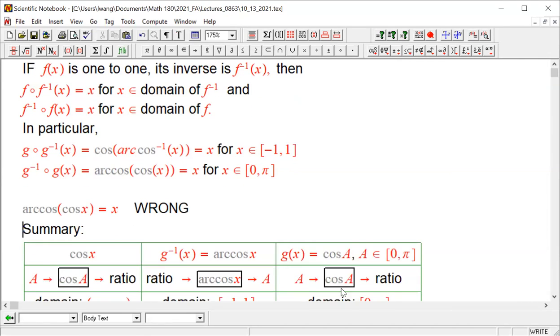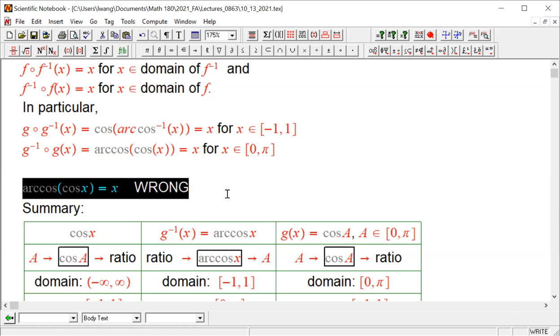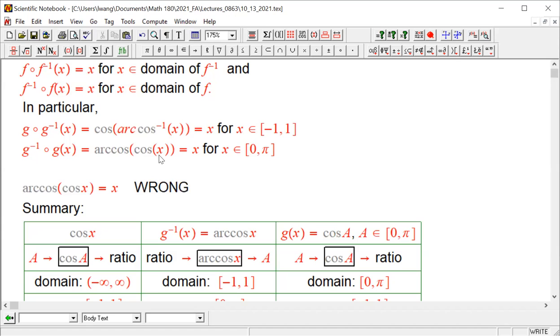Yes? When this cosine is referred to, we refer to the domain of all real numbers. If you don't specify that, the statement is going to be completely wrong. Do you guys get it? That's the difference between with the specification and without the specification. We're going to see this from our examples.